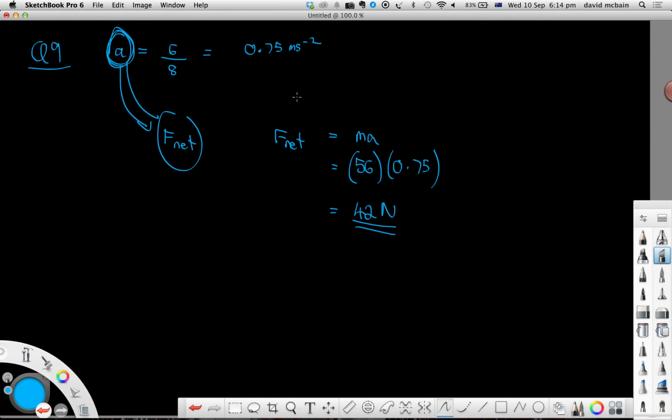So let's summarise our information. We know that the net force, we just worked it out, equals 42 newtons. We know that the mass of the skater is 56 kilograms. We know that the friction force equals 140 newtons, and that acts against the direction of motion.